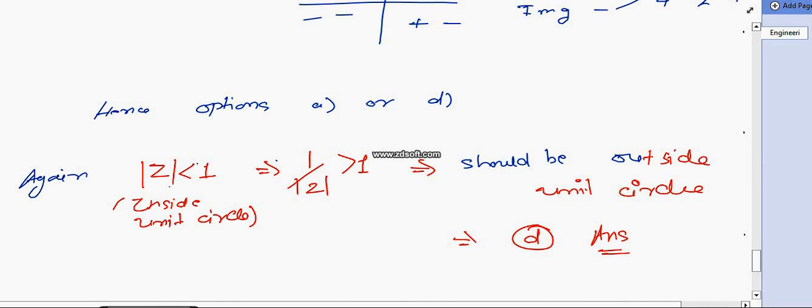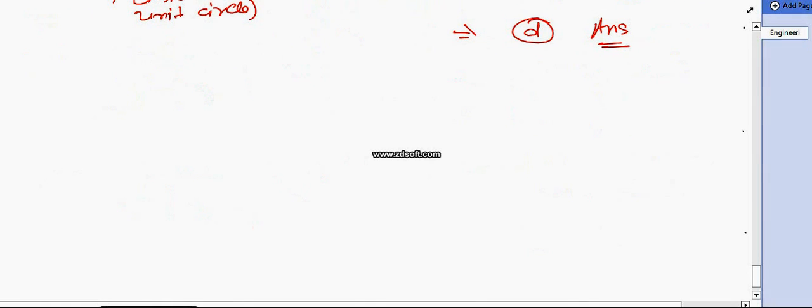Okay, so the question was quite an easy one, but it does contain the concept.